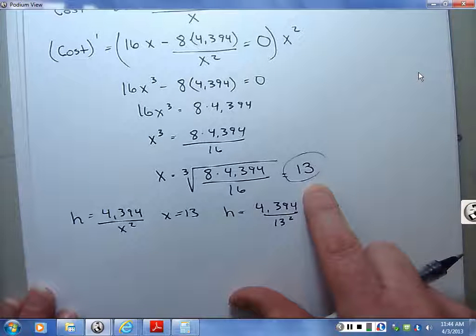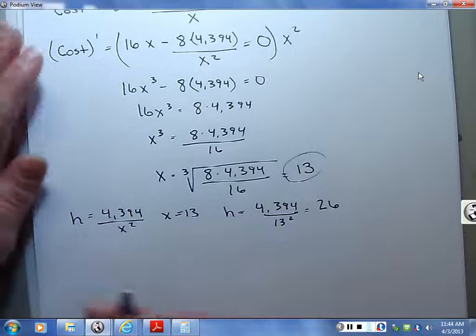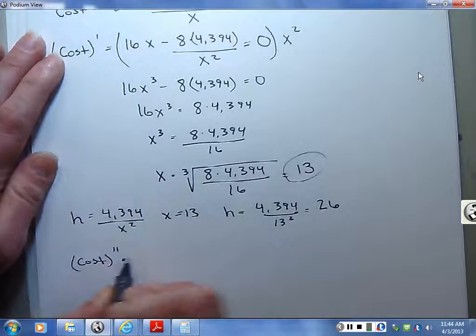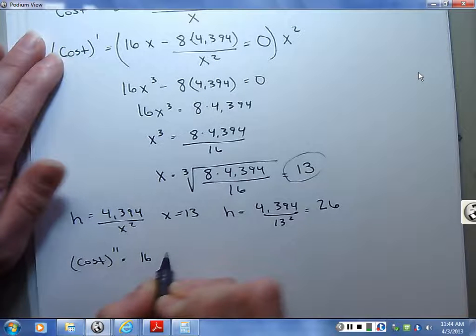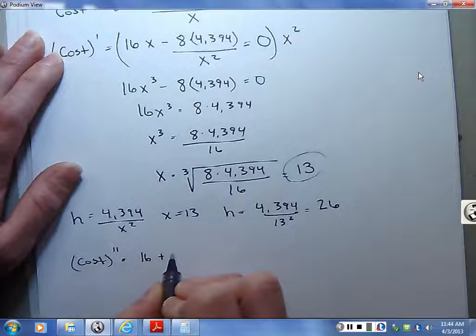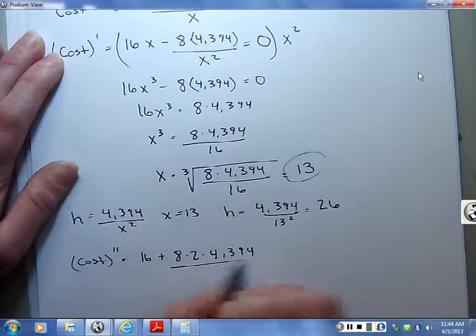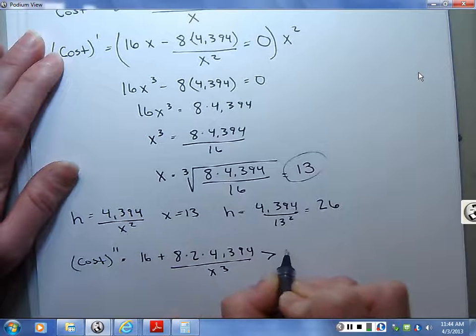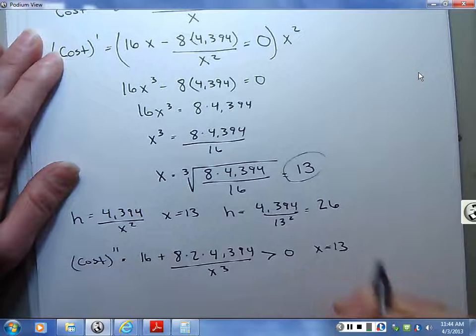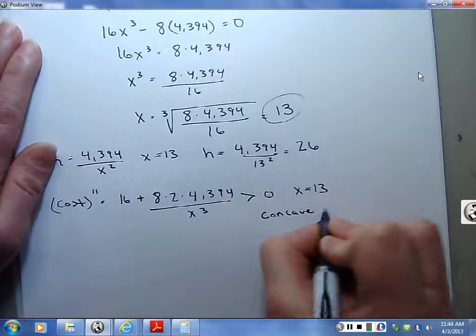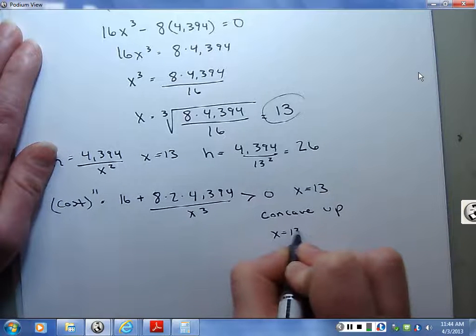So it's concave up, so it's a minimum. The second derivative would be 16 plus 8 times 2 times 4,394 all over x cubed, which is greater than 0 when x is 13, right? So concave up. It's a minimum.